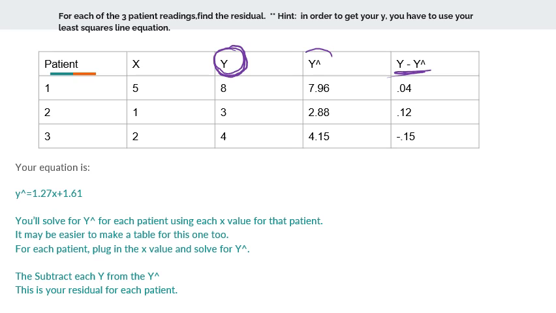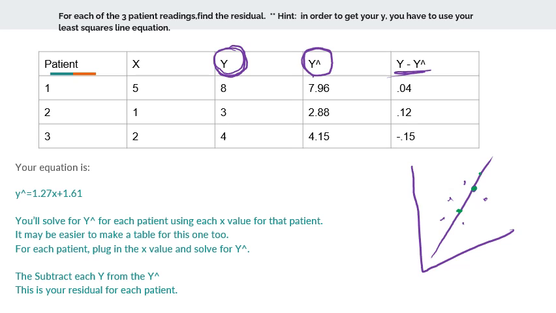And your y hat right here is the y you get from the line. Sorry, I should not have deleted this, but the y is the actual value.